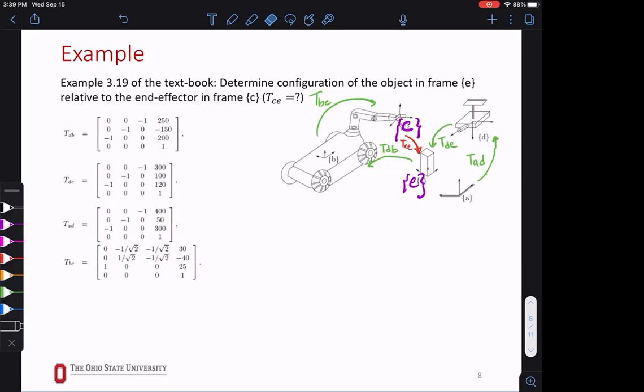There are other ways. There are different ways to look at it. So what I'm writing is going to be just one of them. But you should be able to walk from one frame, go to the other, and write a loop for this one.